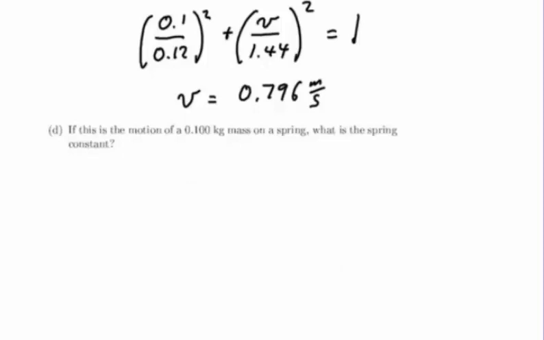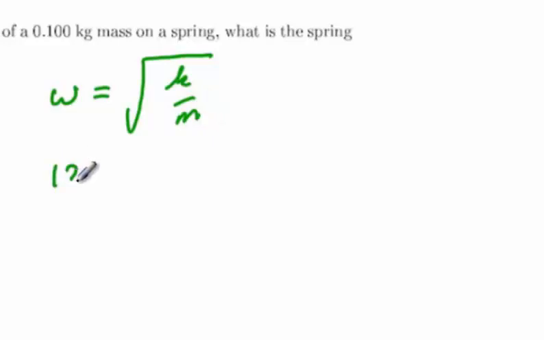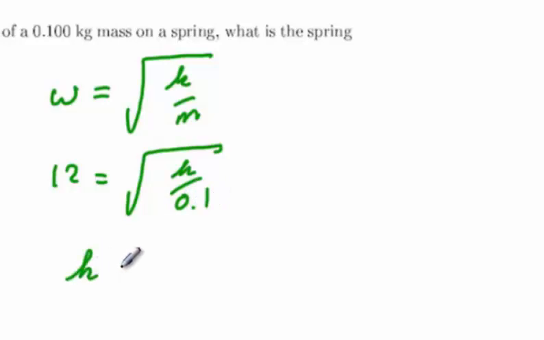And we recognize that for a mass on a spring, the omega will be equal to the square root of the spring constant divided by the mass. Since we've already decided that the omega of our system is 12, and we've been given that the mass is 0.1, the only unknown in this equation is the spring constant k, and so we get the result 14.4 newtons per meter.